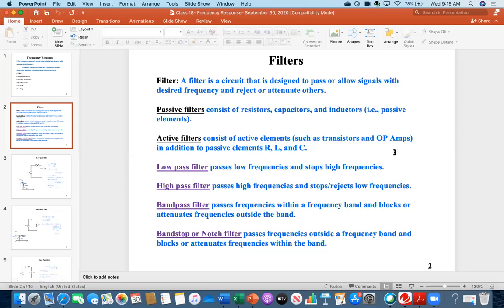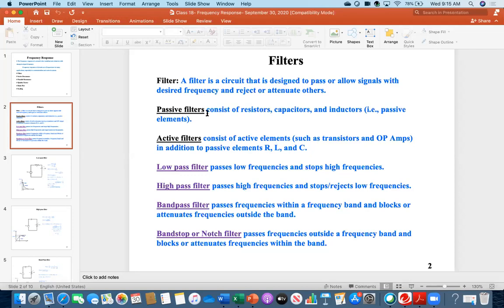I believe you all have studied operational amplifiers in the DC circuit course. So when a filter circuit has transistors and operational amplifiers in addition to the passive elements, you call it an active filter.